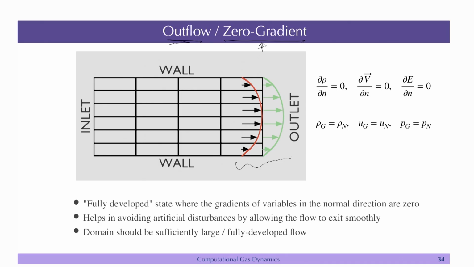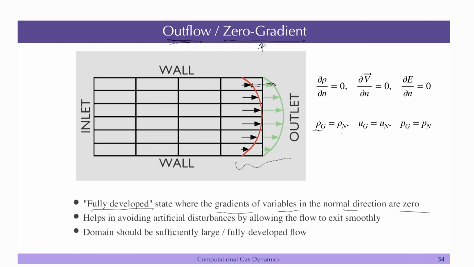Whether you take this point or this point, they are both the same. So, there is no gradient in that direction, and that is why it is called the zero gradient boundary condition. It requires a fully developed state. That means your boundary should be sufficiently far, and the gradients of variables in the normal direction are 0.